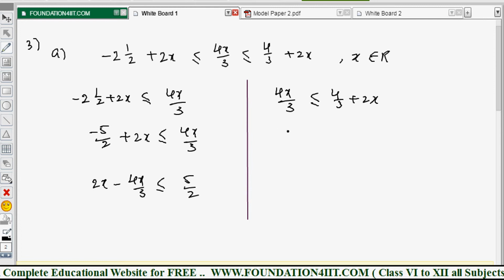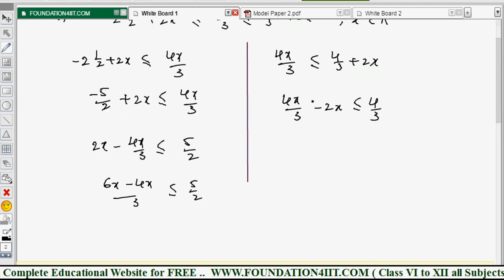Okay, and on this side take the x terms to one side, 4x by 3 minus 2x less than or equal to 4 by 3. LCM on both sides, that is 6x minus 4x by 3 less than or equal to 5 by 2, and here 4x minus 6x by 3 less than or equal to 4 by 3.